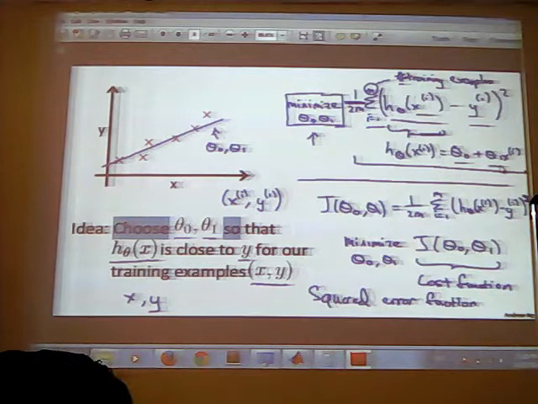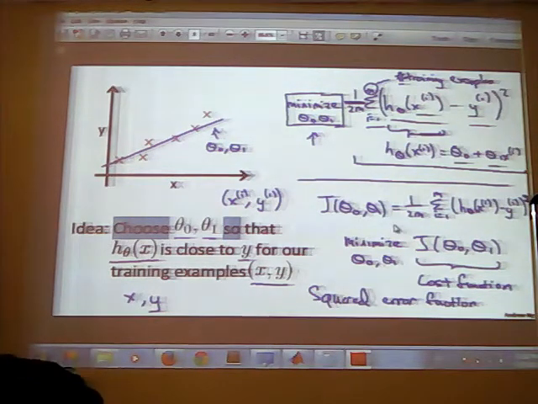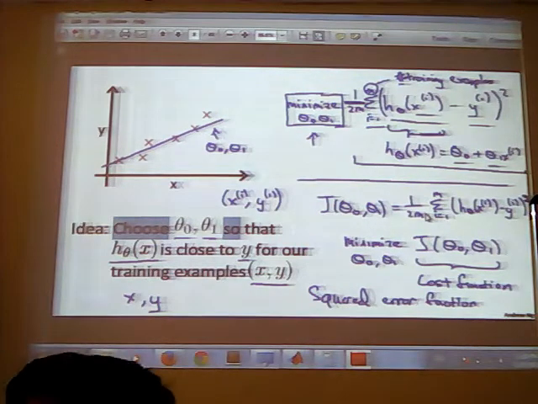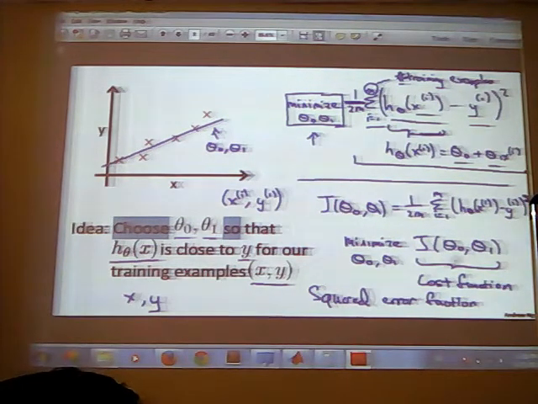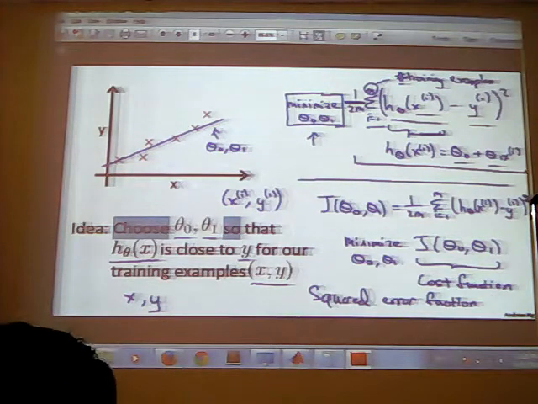We have termed this function J of theta 0, theta 1, equal to the same as above. This is known as your cost function. J of theta 0, theta 1 is known as your cost function, or it is also referred to as the squared error function. So is the cost function clear to all of you?